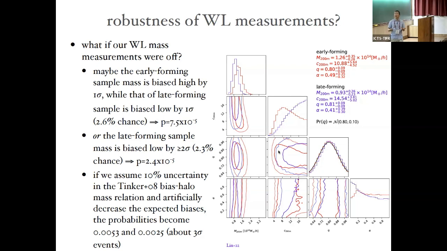In the second case, maybe the late forming sample mass is biased low by at least 2 sigma, which has a 2.3% chance to happen.